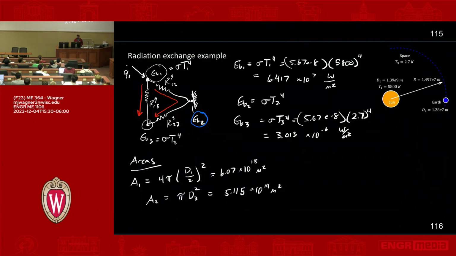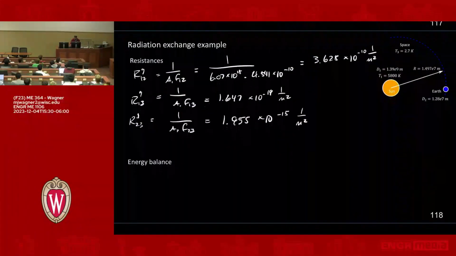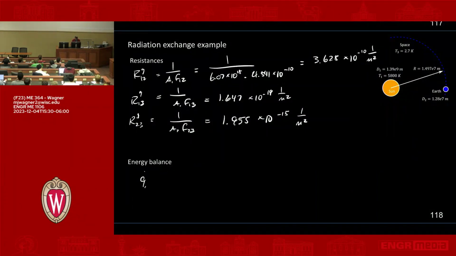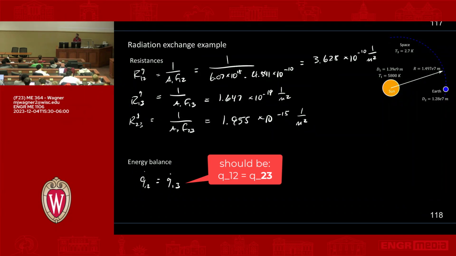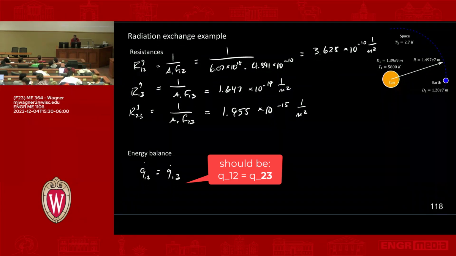So using that idea, now I'm going to say that the rate of heat transfer from 1 to 2 is equal to the emissive power at 1, EB1, minus the endpoint emissive power of that branch, which is EB3. And then I have to include the total resistance between those two things.